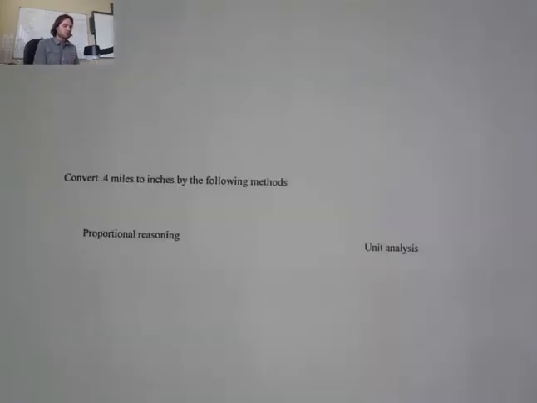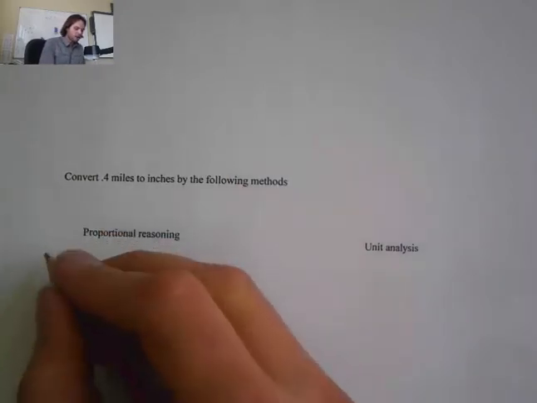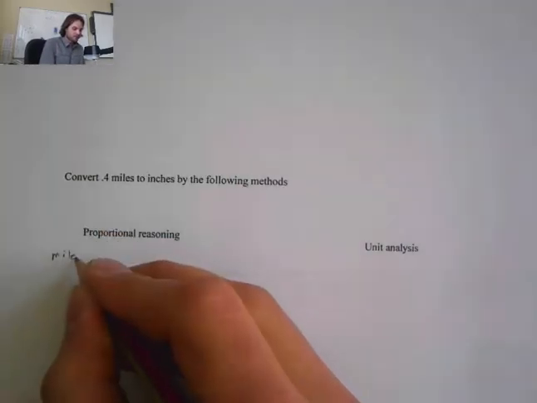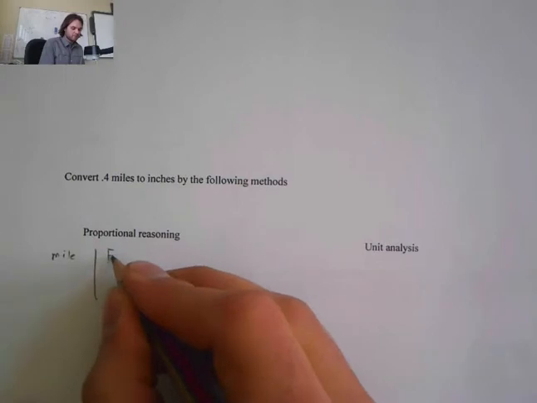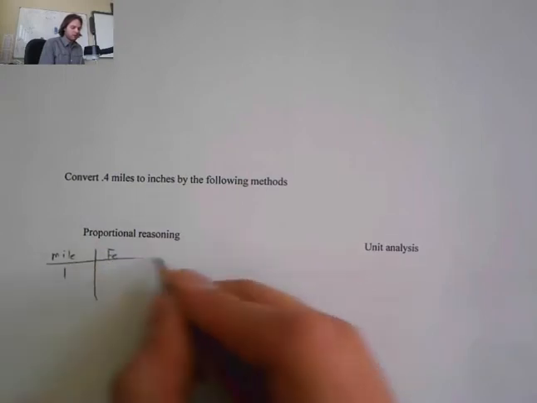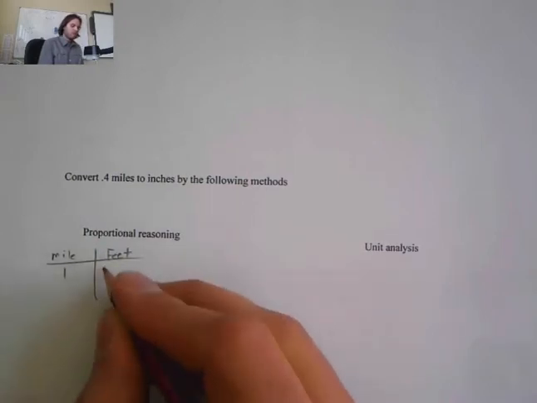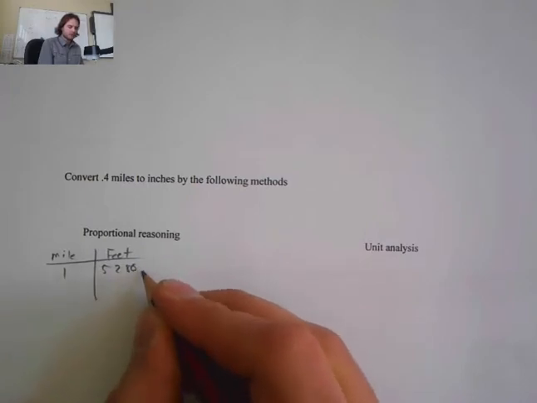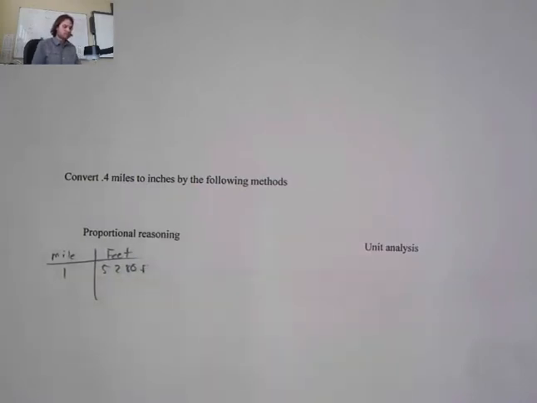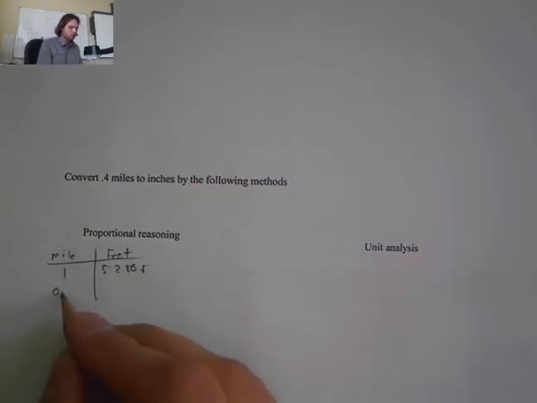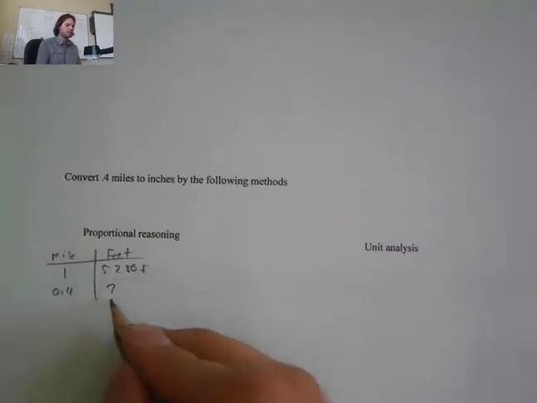Okay. So next question wants us to convert miles to inches. So first one, we're going to use proportional reasoning. Okay? So to start off, I'm going to have miles and we have feet. I know 1 mile is equal to 5,280 feet. So then I'm looking at, I want 0.4 miles is equal to how many feet?